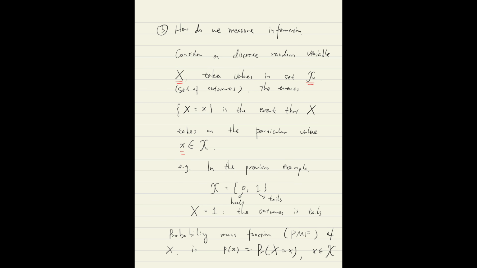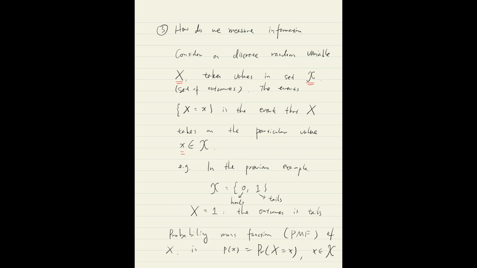So this is the event that capital X takes on the particular value small x that is in the set calligraphic X. So now we have capital X, calligraphic X, and small x. Small x is the realization, capital X is the random variable, and calligraphic X is the set of all the outcomes.